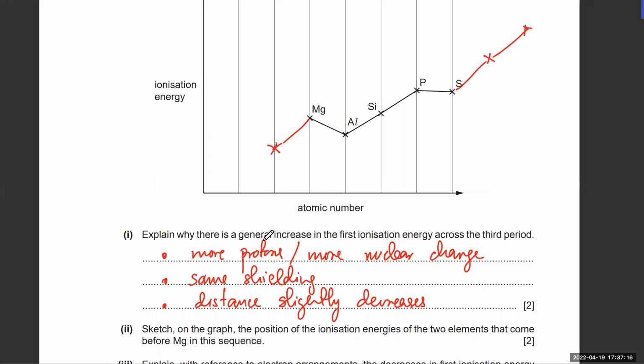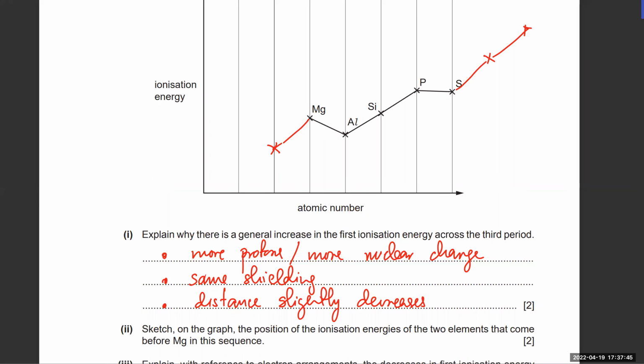But there's one thing that has to be always written at the end. What is that when you get an ionization energy question? Greater attraction between the outer electrons and nucleus. So there's going to be one separate mark. I just checked the marks. The similar shielding is 1 mark in this case.